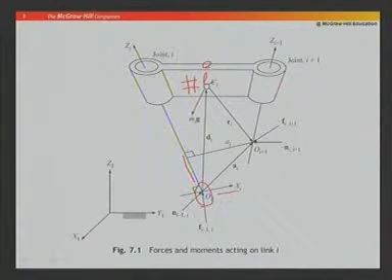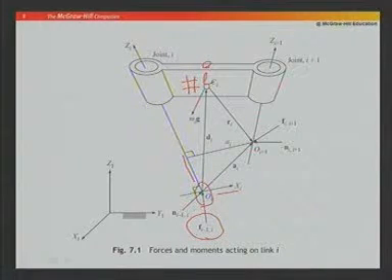So, I can consider the force F i minus 1 comma i, that means the force applied by the i minus first body, which is sitting next to it, to body i. So, the force is applied by the i minus 1 body to the ith body through this point Oi.